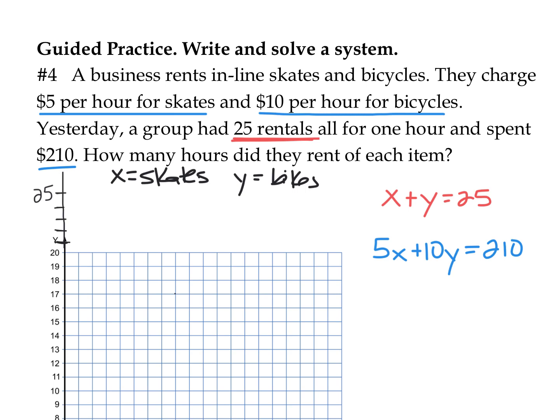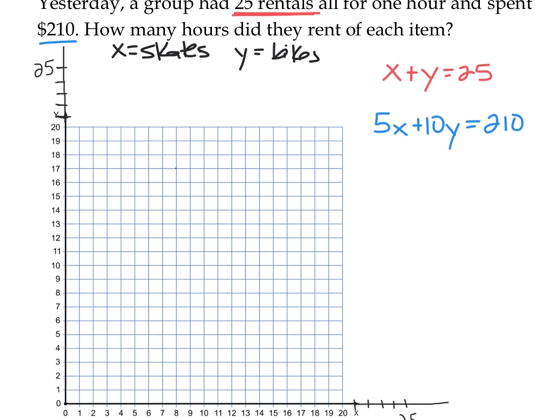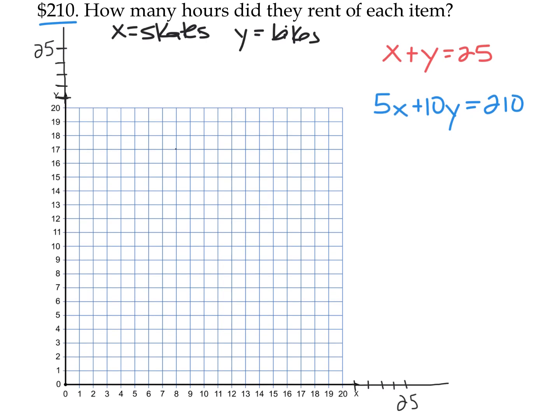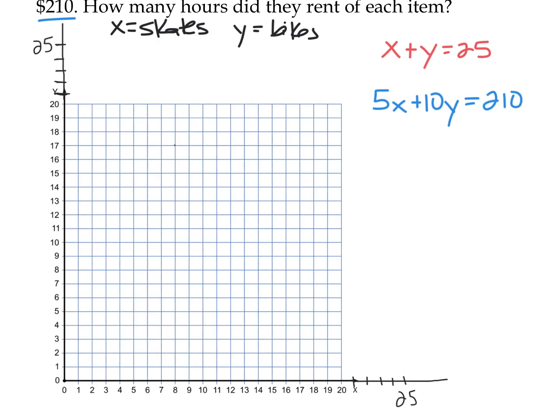And I'm going to graph this first equation using the intercepts, just as a reminder of another way we could graph linear equations. So the intercepts are when the other value is 0. When I put an x value of 0 into this equation, my y is 25. So my y-intercept would be (0, 25). And then I could put a 0 for y, and my x would also be 25. So in this case, both intercepts are 25.